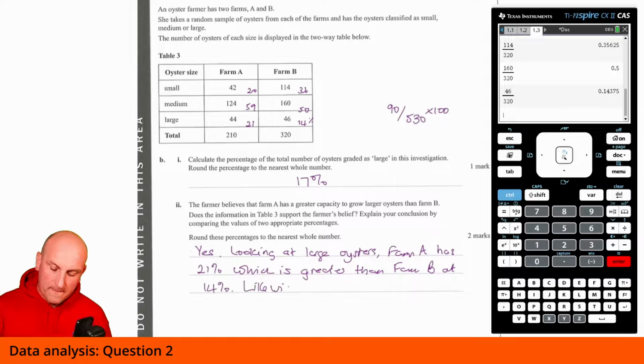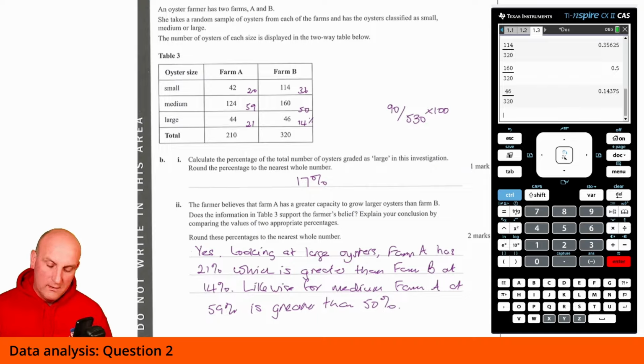Likewise for medium, Farm A at 59% is greater than 50%. So yes, looking at large oysters, Farm A has 21%, which is greater than Farm B. Likewise for medium oysters, Farm A at 59% is greater than 50%.